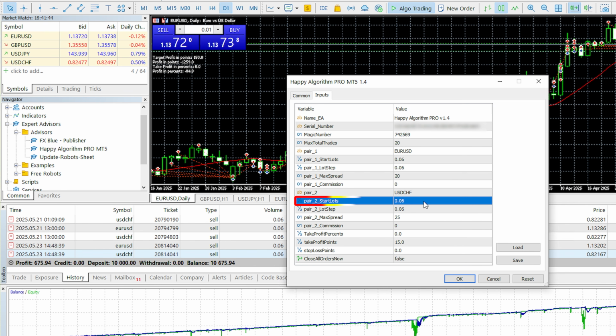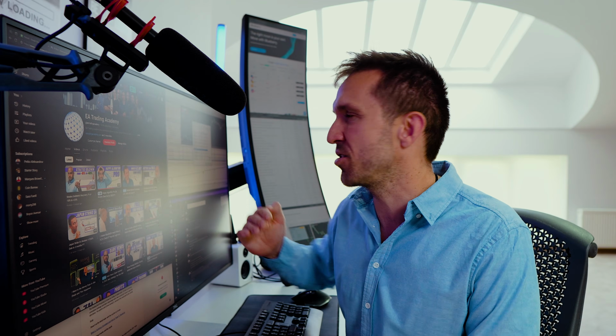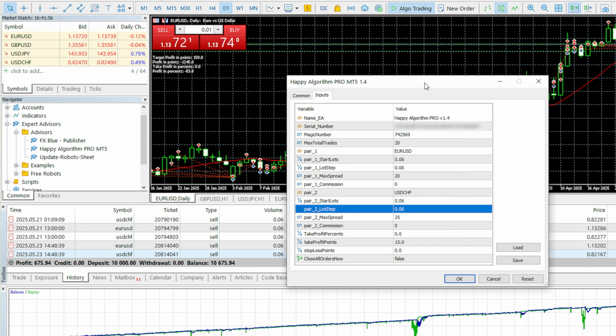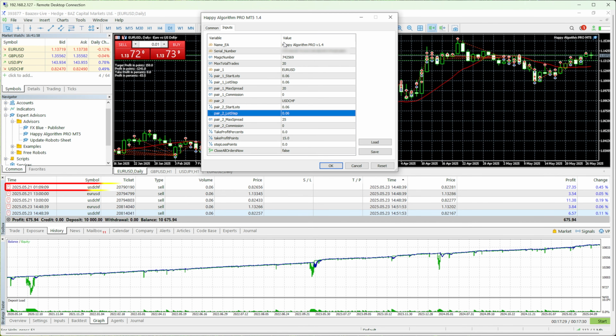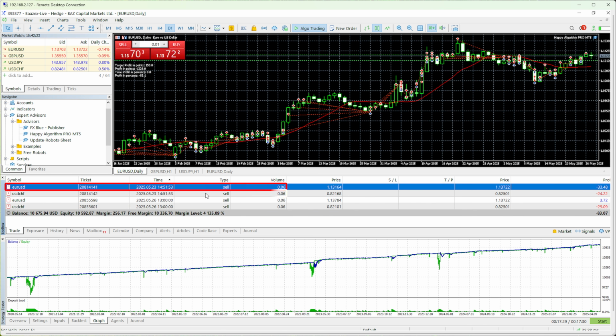I started initially with 0.03, then I increased it to 0.06, and this lot step doesn't mean that it's increasing the lots. You can see that with the current trades right in here, we had these short trades from the 21st, and then you can see with the open trades that there are 2 short orders.